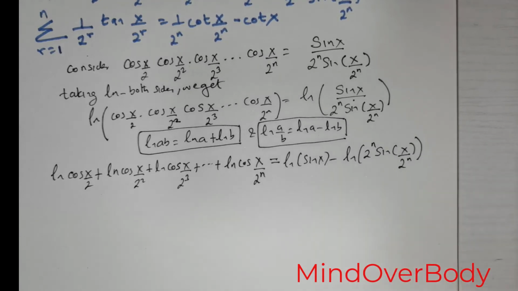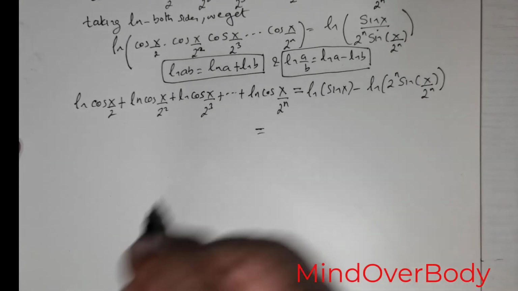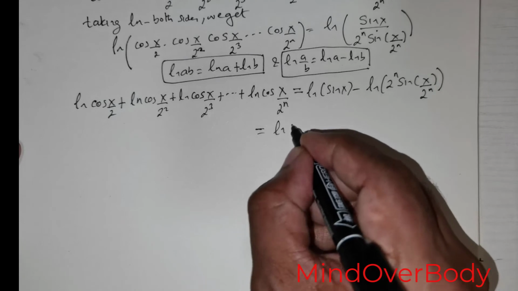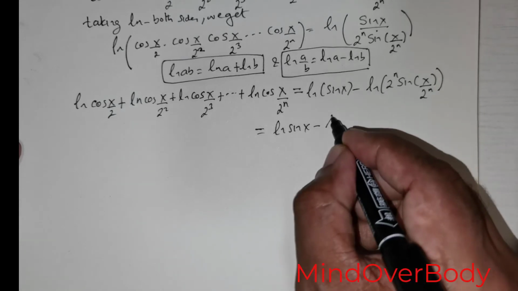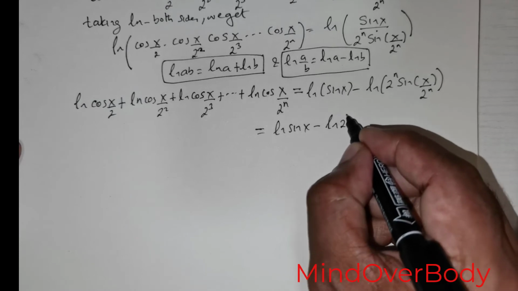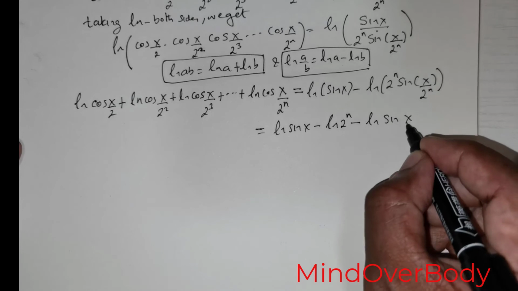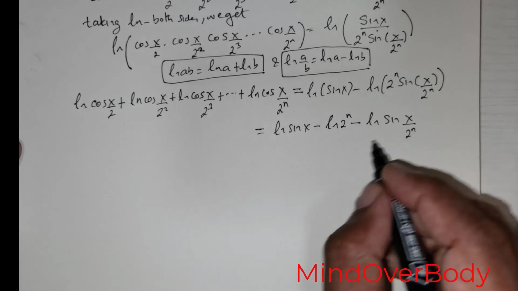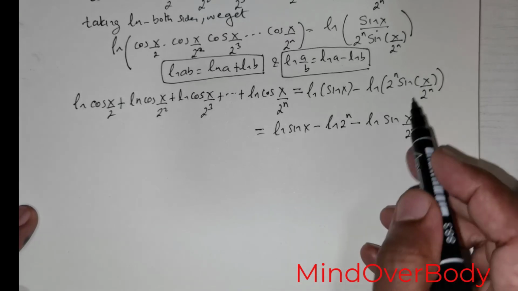Now let me simplify the right hand side. So this is ln of sin x, ln AB. So this is going to be ln 2^n negative ln sin(x/2)^n. Because of the negative sign, it would be hitting all these terms.